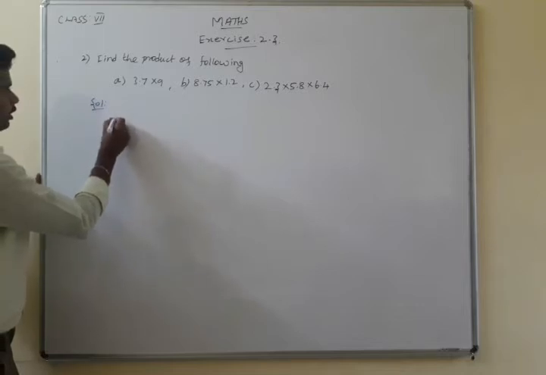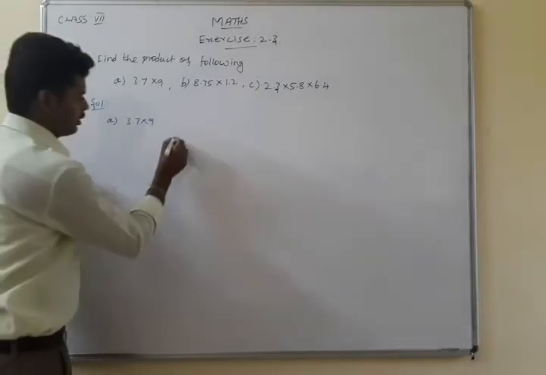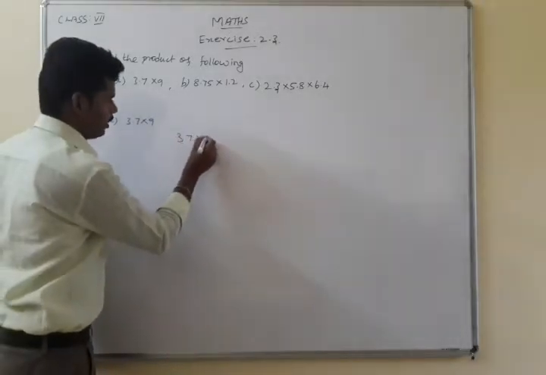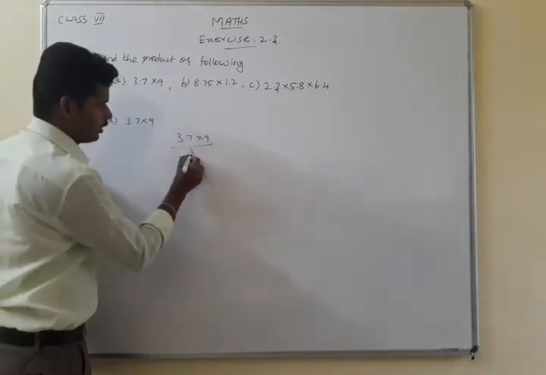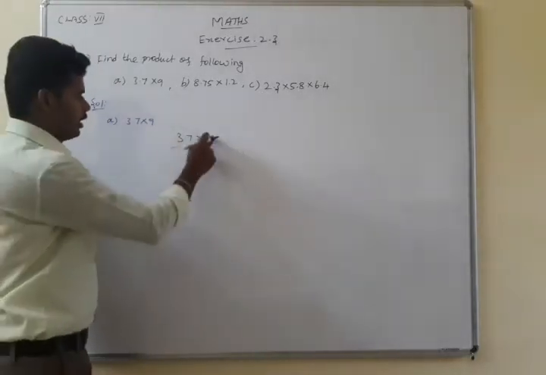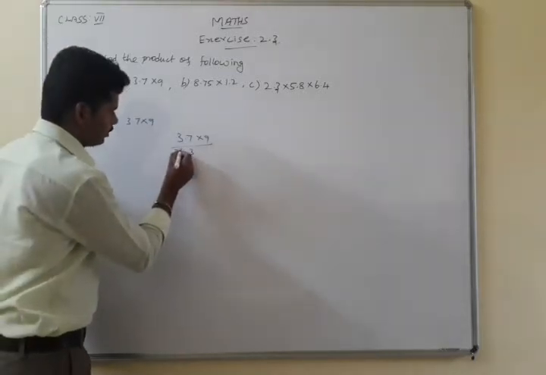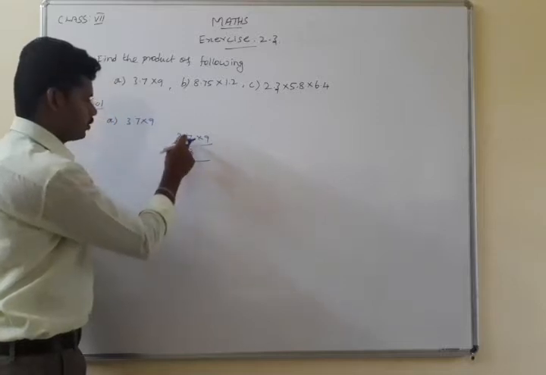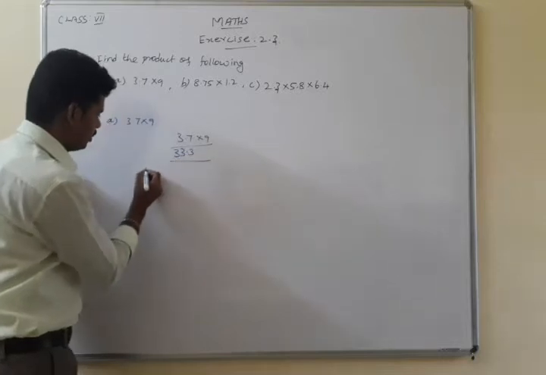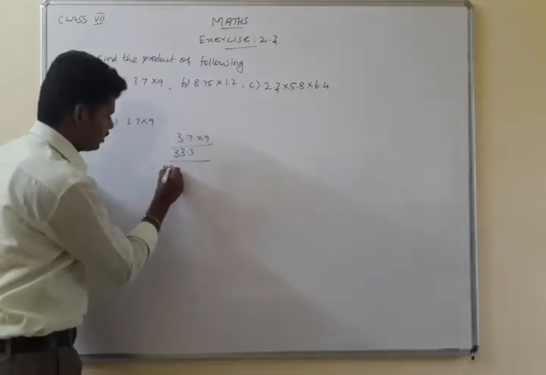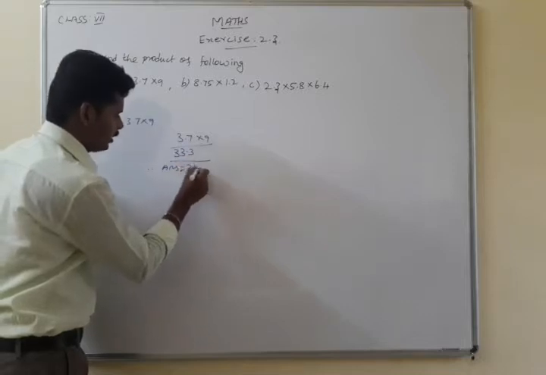First one, 3.7 into 9. 9 sevens are 63, remainder 6. 9 threes are 27, 27 plus 6 is 33. There is one decimal place, so put one. Therefore the answer is 33.3.